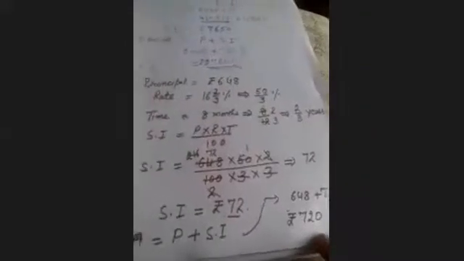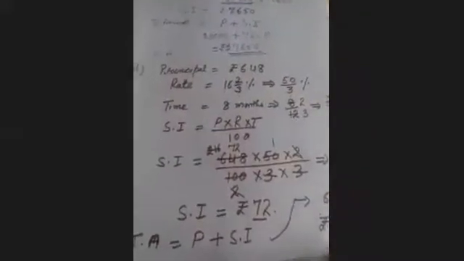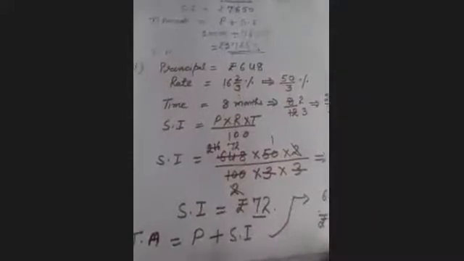Now principal amount is 648 and simple interest we found is 72. Now students, add. So total amount is rupees 720. So this is third part of question number first.